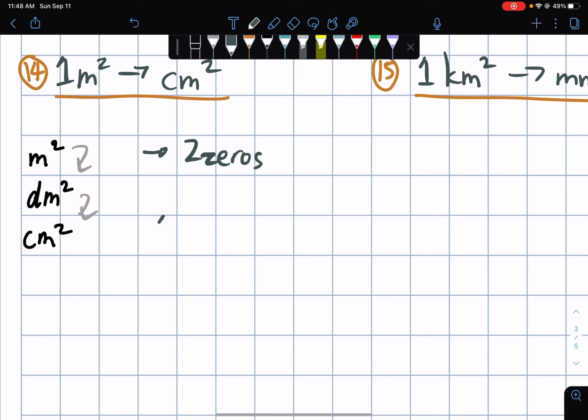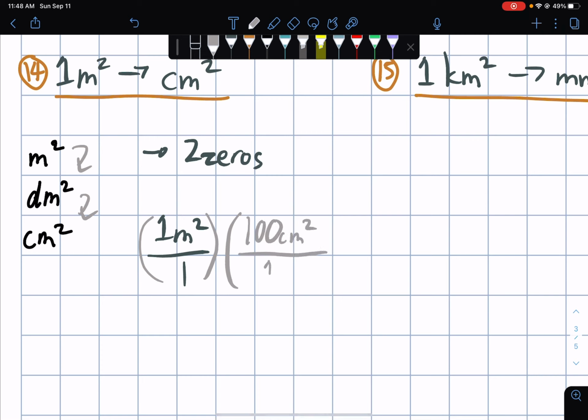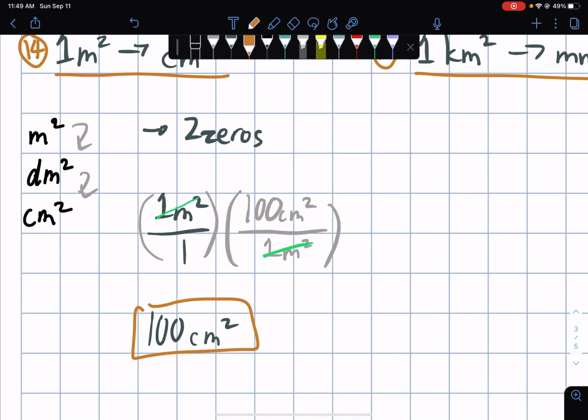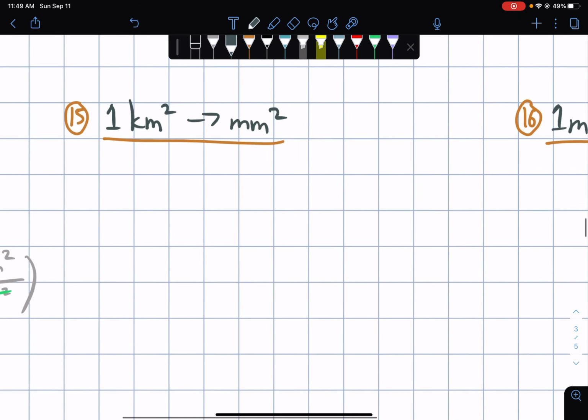From 2 zeros, we get 1 m raised to 2 over 1, 100 cm raised to 2 over 1 m raised to 2, like that. And yeah, we get 1 cm raised to 2. That's our final answer. Let's move to number 15.